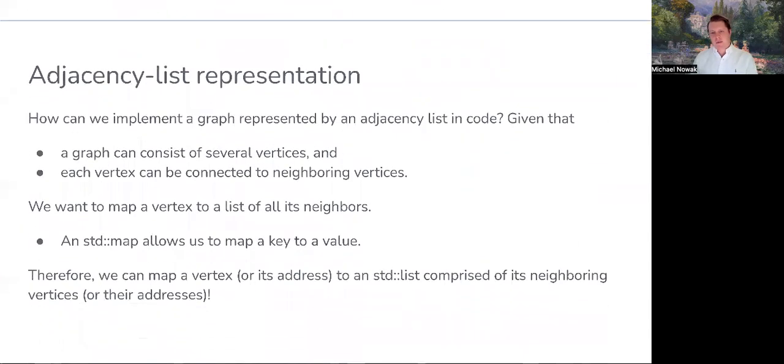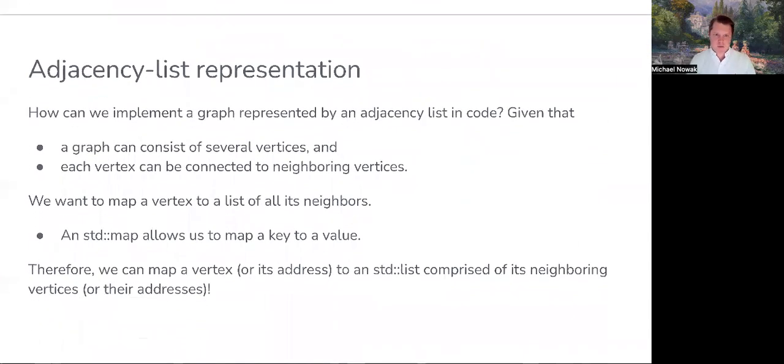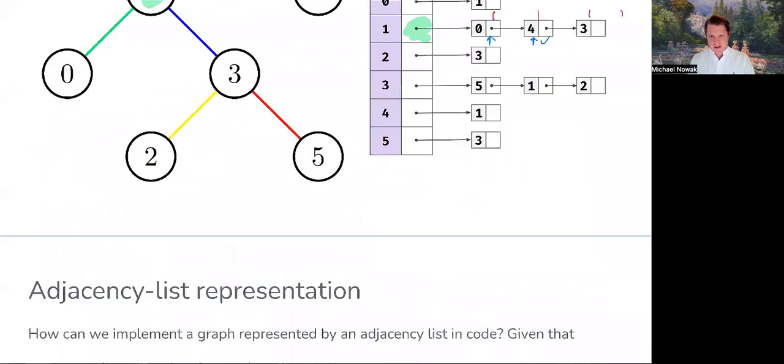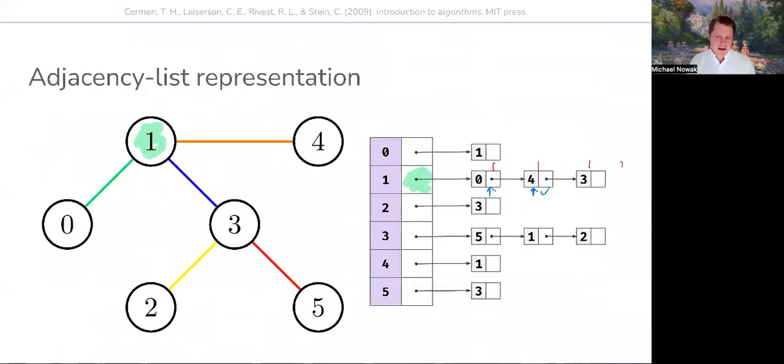So the question is, how can we begin coding this up in our C++ program? How can we implement a graph represented by an adjacency list in code? Given that a graph can consist of several vertices and each vertex can be connected to neighboring vertices, we want to map a vertex to a list of all its neighbors. So given, maybe vertex 1 here, how could we go from 1 to 1's adjacency list?